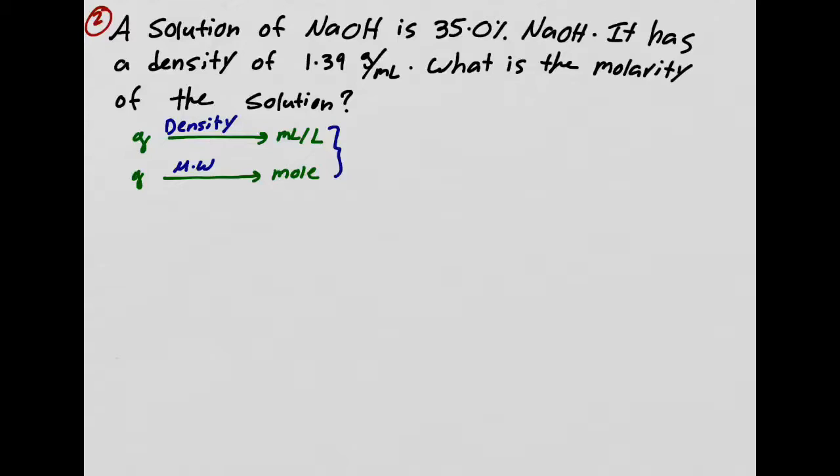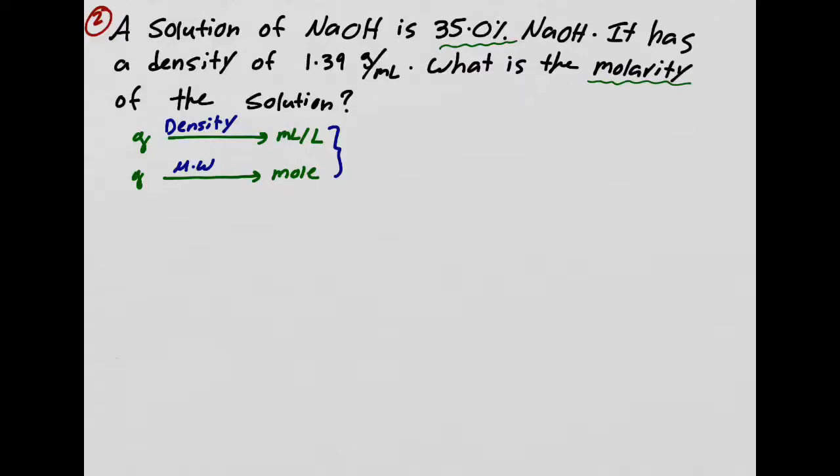So what do I got here? I have a solution of NaOH that is 35.0% NaOH, and they give me the density. That's great. They ask for molarity. The first thing I'm going to write down here, what am I trying to get to? Remember, what I'm trying to get to is molarity, right?